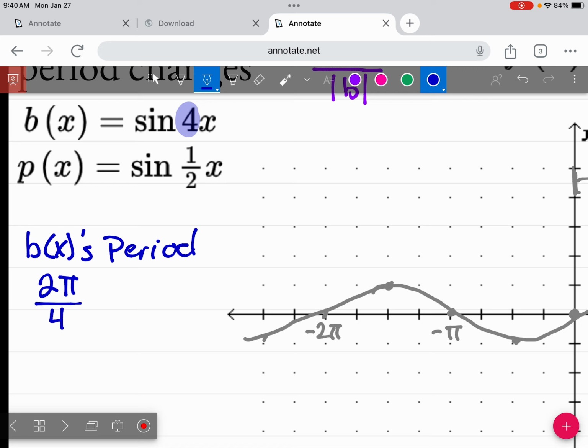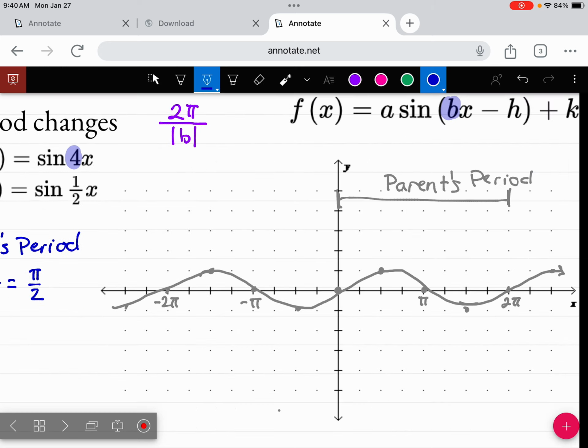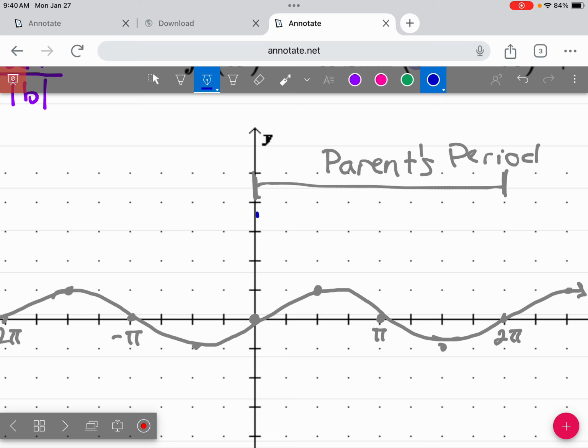We divide it by B. What does that simplify down to be? Pi over 2. So B of x is going to fit the whole function between 0 and pi over 2.